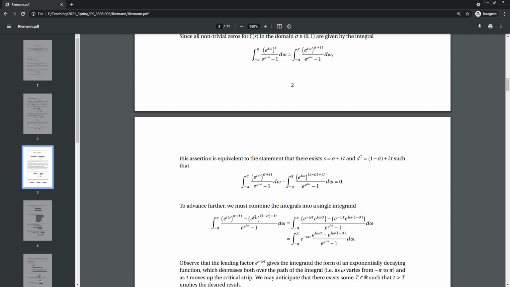And now we multiply it out. So we separate, we bring this down so that it's i omega times sigma plus it. And if you multiply it out, then you end up with e to the omega t times e to the i omega sigma.